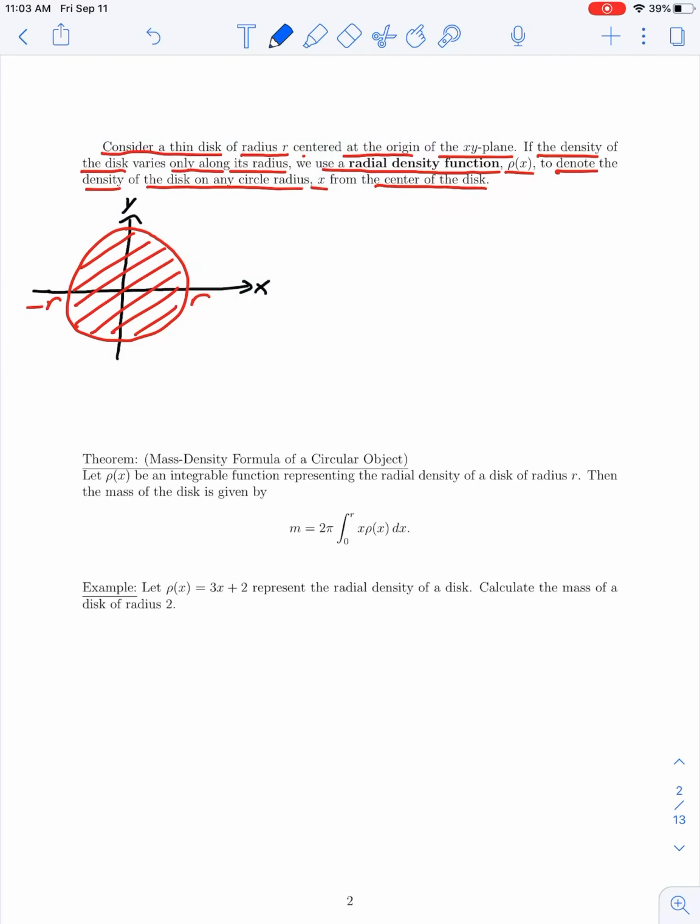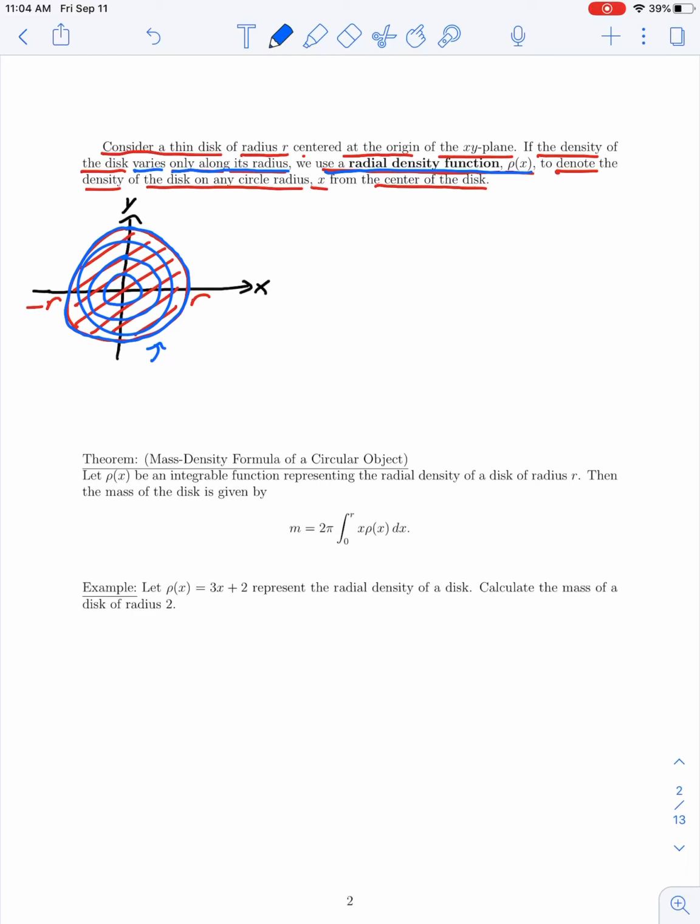So here our assumption is if the density is varying only along the radius, we can use a radial density function, rho of x, to denote the density of this disk on any circle of radius x from the center. So what I mean by that is on circles of different radii, as we're moving outward from the origin, this disk might have different densities on these different circles.